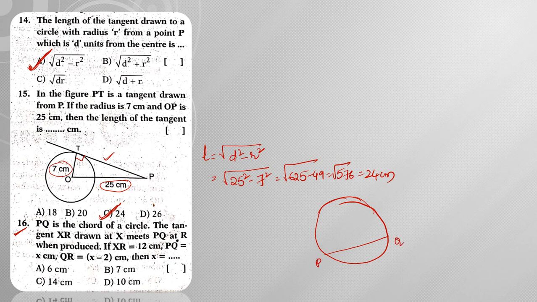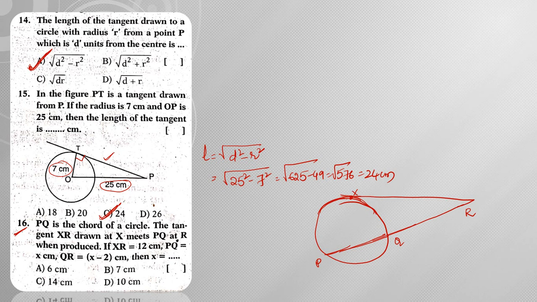Next, the tangent XR drawn at X meets PQ at R. So if we extend this PQ, this particular XR meets at this point R. So this X is nothing but the point of contact of the tangent with the circle.